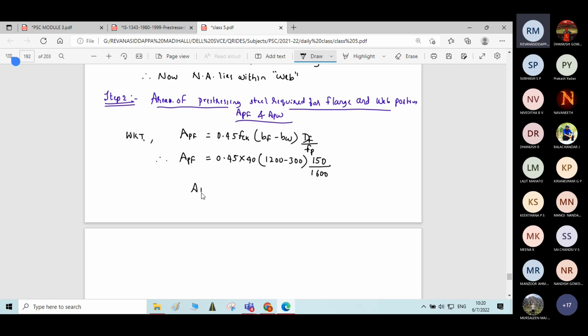By this, we'll get the area of prestressing steel required for the flange portion. Please check the answer. It is 1518.75 mm square, APF.